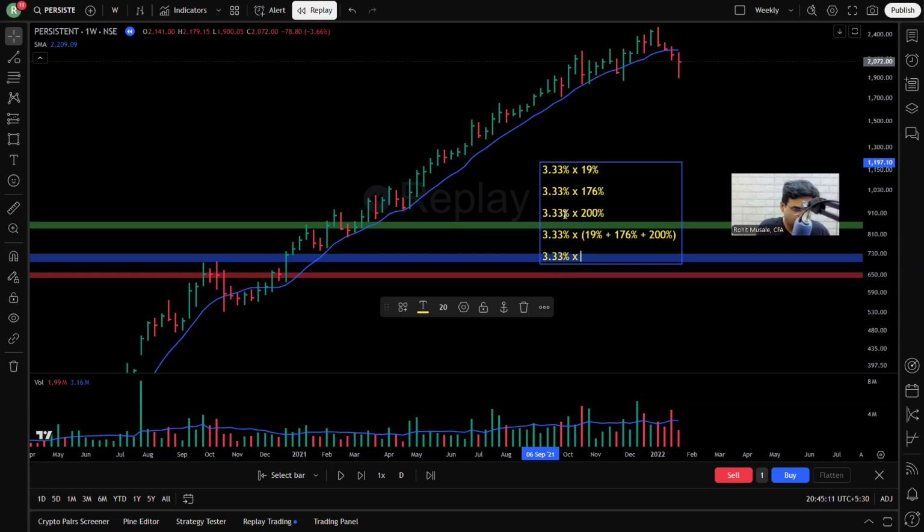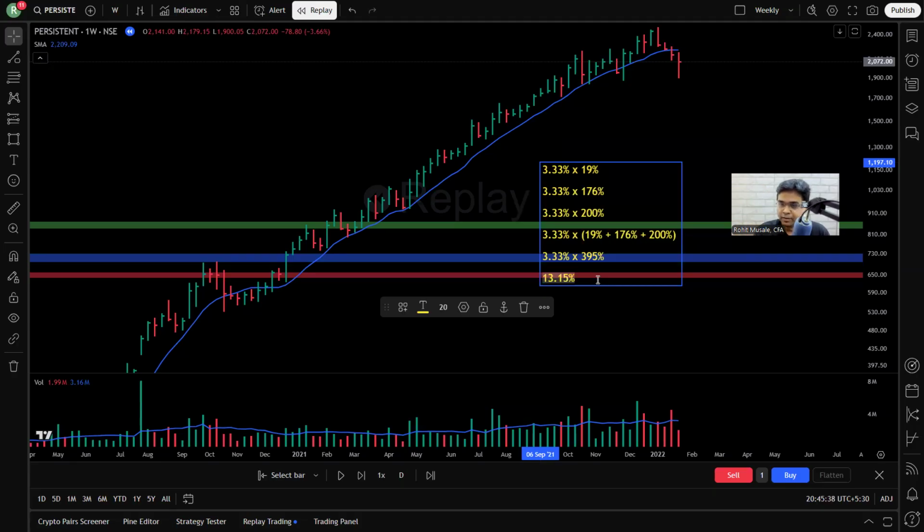That's 395% return. What is 3.33% of 395? 3.33 divided by 100 multiplied by 395. 13.15%. So this is the amount of return that you made on a portfolio level from one stock.